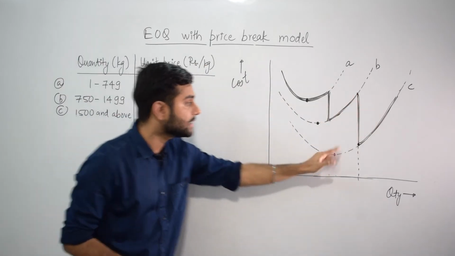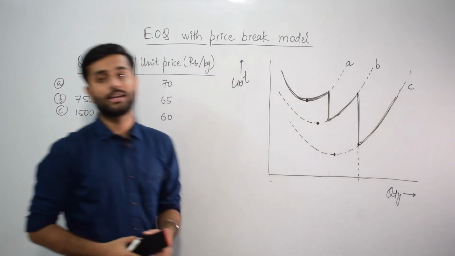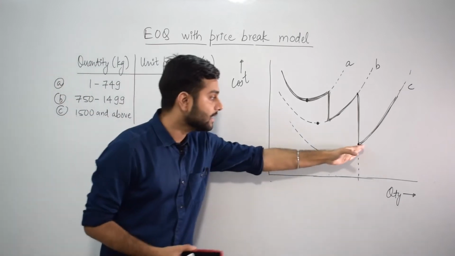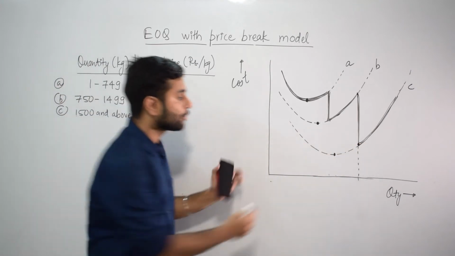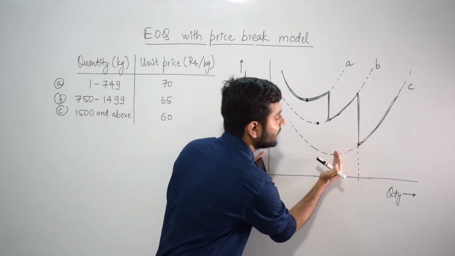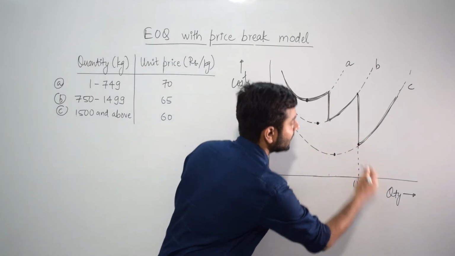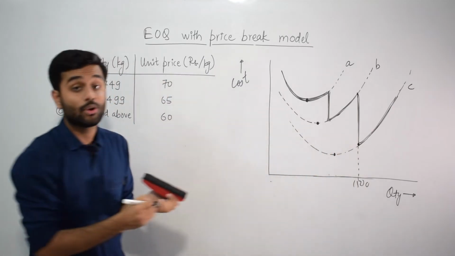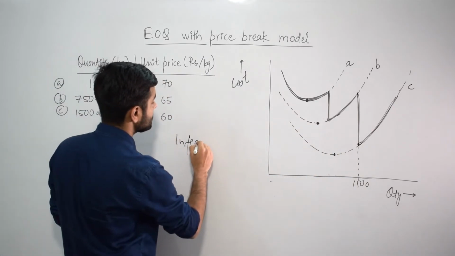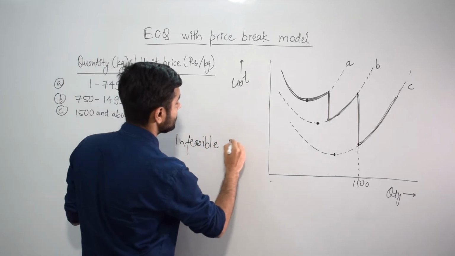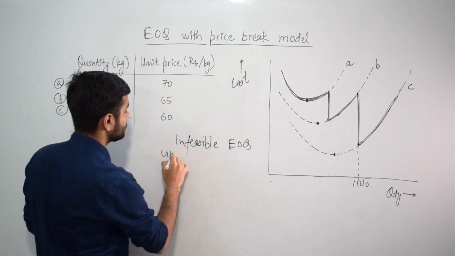Similarly, EOQ for C is not in the quantity range. The EOQ for C will be less than 1500, where C is starting. So if the EOQ is not lying in that range, it is called infeasible EOQ or unconstrained EOQ.